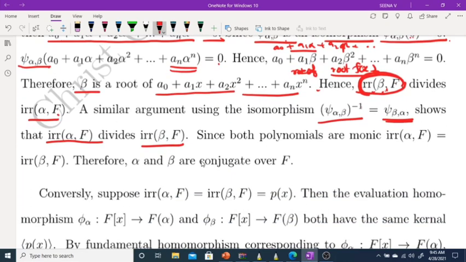Okay, so what we get is x divides y and y divides x. Also both polynomials are monic polynomials.